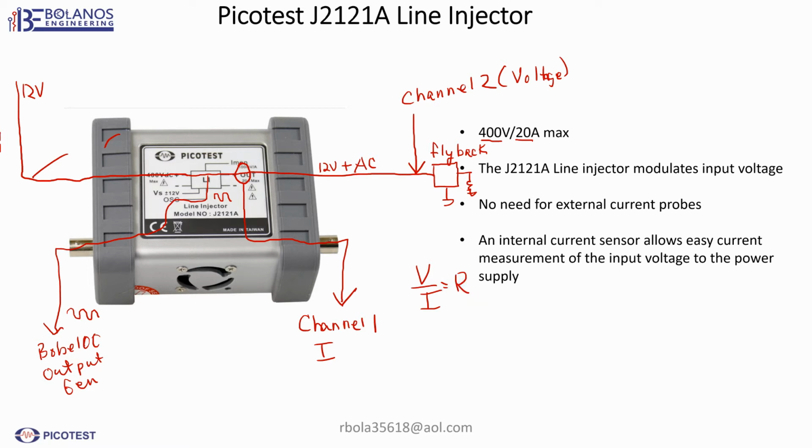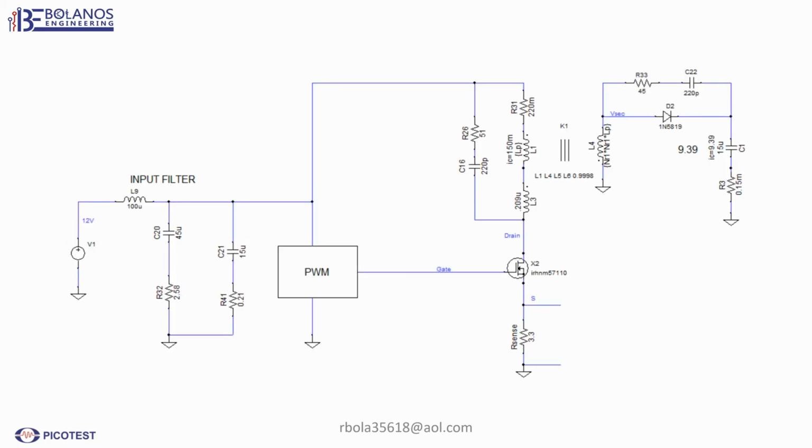Then that 12 volts actually has an AC signal, and that comes from this source. This will go to the Bode 100, and it goes to the output of the generator. So basically, the generator is going to output a little signal which is going to modulate the 12 volts.